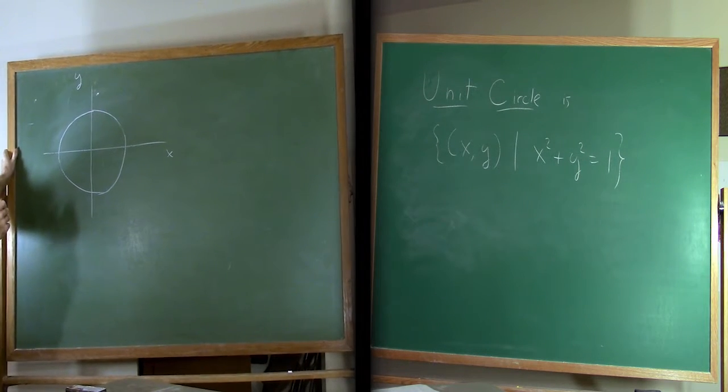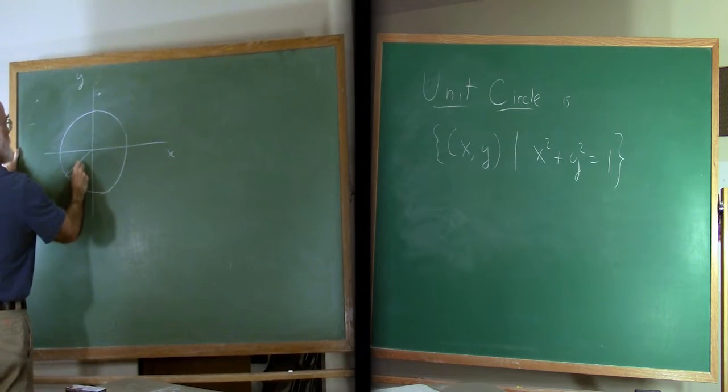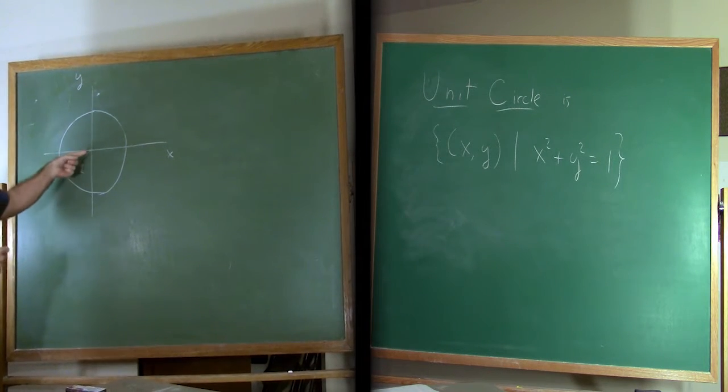We're talking about a circle of radius 1, centered at the origin.